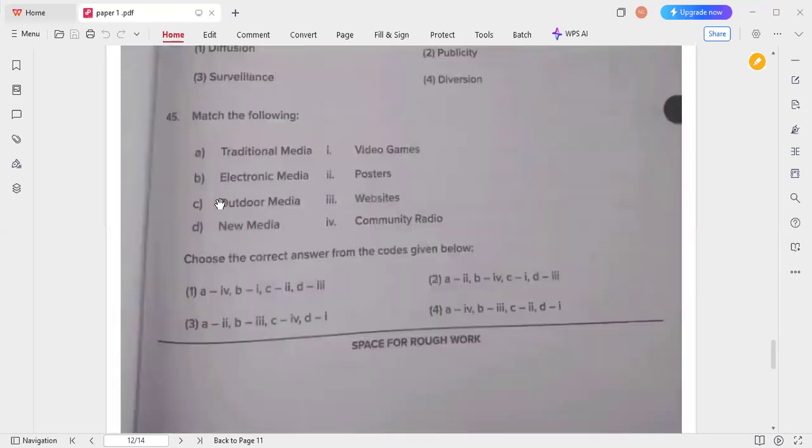Okay, that's the following. Traditional media, electronic media, then outdoor media, and also new media. So here traditional media is nothing but what? Radio, right? Traditional media, community radio. So A belongs to the fourth option.